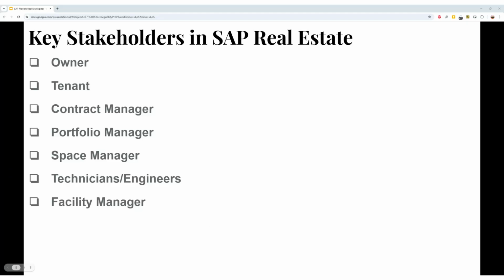Now, the technicians and engineers are the persons, or you can say business partners, who are responsible for catering to any kind of problem or incident that arises in the building. Like I just mentioned, if any kind of electric repair needs to be performed, or plumbing work needs to be done, they will be the relevant persons.